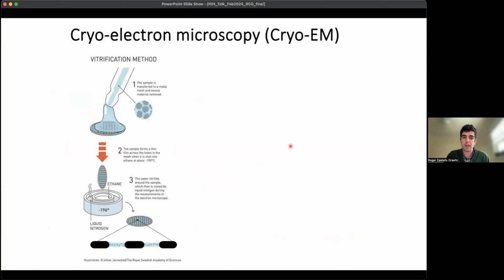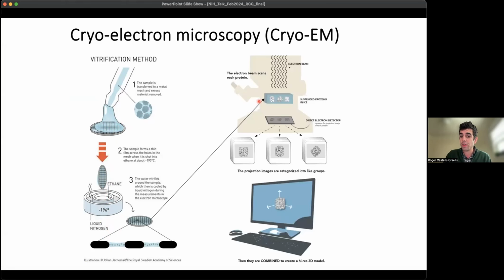So very briefly, I will talk about what is cryo-EM. So cryo-EM is a structural biology technique, and basically how it works is you have your protein sample that you have been working very hard for months to purify. So then you put this protein sample on a microscope grid, then you remove the excess of sample, and then you freeze it very quickly. You freeze it so quickly that the sample forms a layer of vitreous ice, a very thin layer of ice that then we can put into an electron microscope.